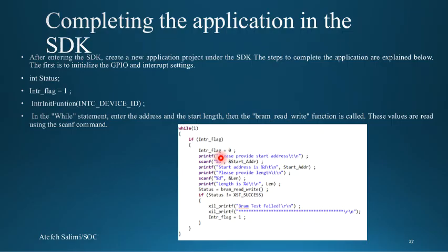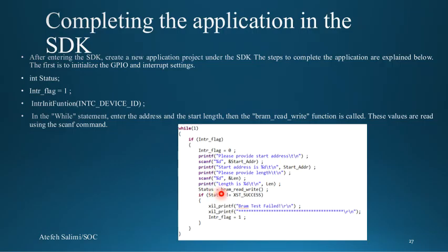So it will ask you for the start address, and you have to provide the start address value, and then it will print again that the start address is the value you have provided. And then it will ask you to provide the length, and you provide it, and then it will again print the value.